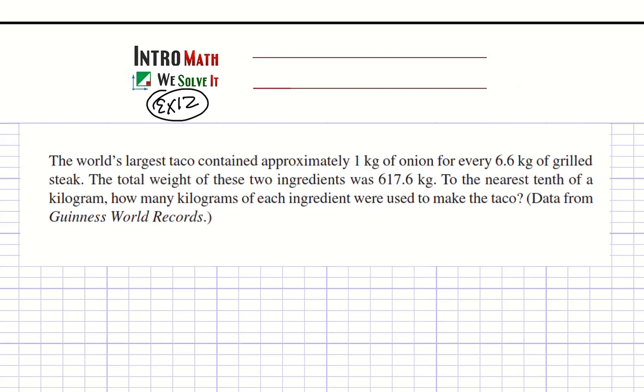It says the world's largest taco, approximately 1 kilogram of onion for every 6.6 kilograms of steak. It really doesn't matter, you can choose onions. You say let x be the number of kilograms you got from onions, okay?